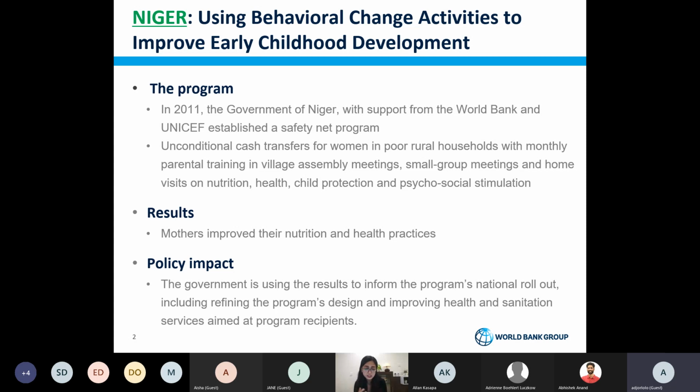The government is using these results to inform the program's national rollout. So it was scaled up. The government actually used these results to modify their own program, hone it, refine it, and then scale it out nationally. This included refining the program's design and also improving health and sanitation services aimed at program recipients, which are the mothers.